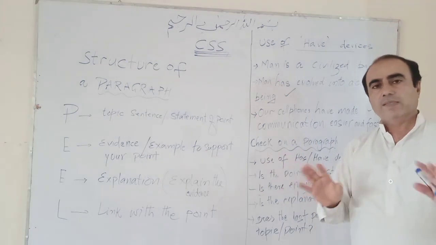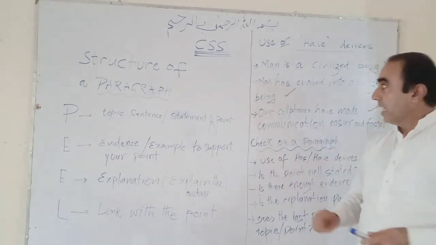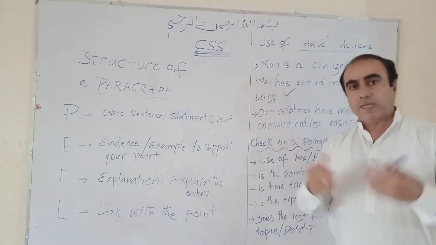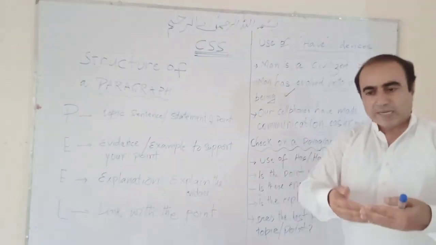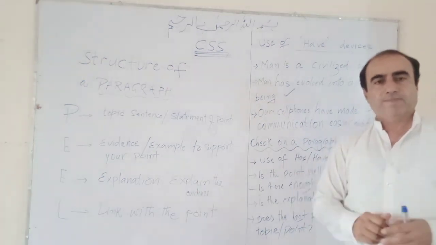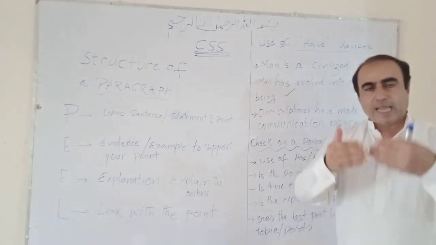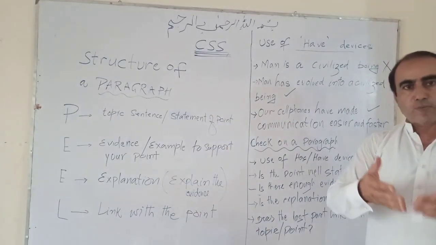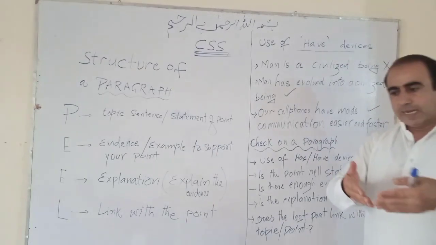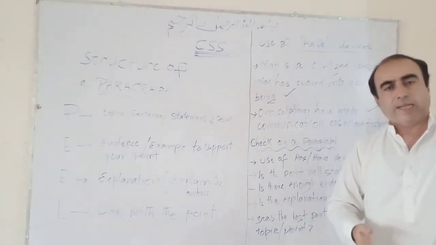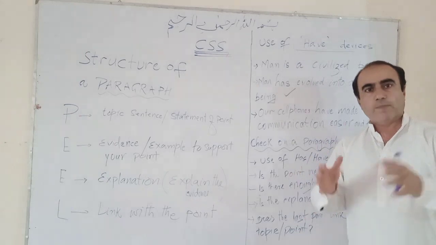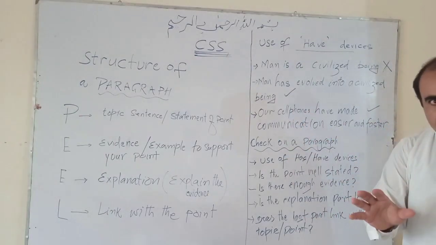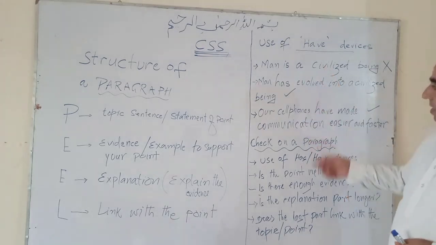Okay, fine. But if you say, man has evolved into a civilized being, it means you are talking about the process. Your has and have devices talk about the continuity. They talk about the process that is in progress, that started somewhere in the past, and that has come up with some effect. So has and have devices are very much important to use in a paragraph.